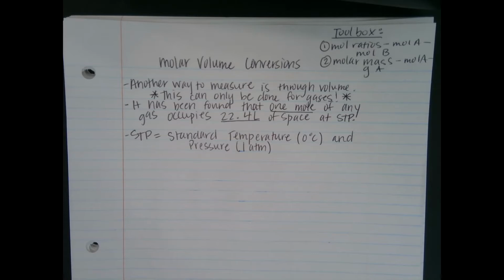Here in America, what unit of pressure do we use? PSI, which stands for pounds per square inch. That is not used in science at all. We use atmospheres, and there's a bunch of other pressure units like torr, millimeters of mercury, and kilopascals. Kilopascals, I'd say, and atmospheres are used the most.